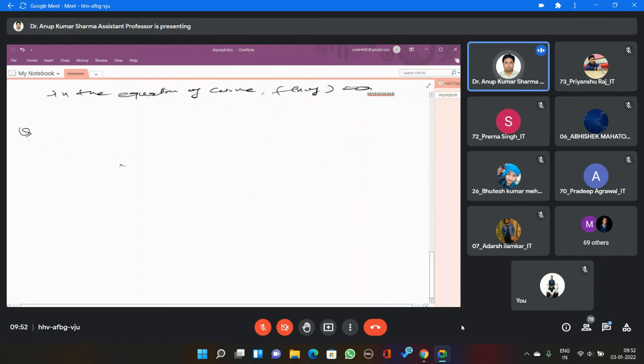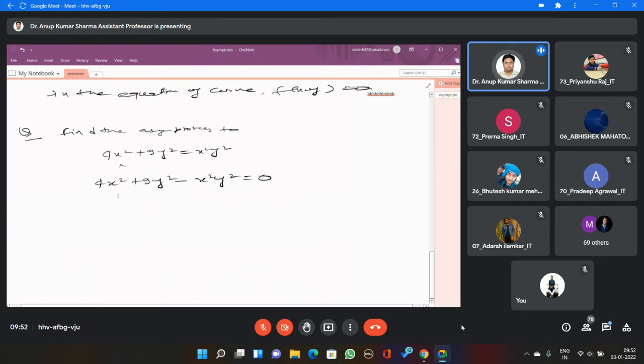So for example, the question is: find the asymptotes to 4x square plus 9y square is equal to x square y square. Very simple one. In this case, you take everything to one side: 4x square plus 9y square minus x square y square is equal to 0. We need to find the asymptotes parallel to the y-axis and x-axis.